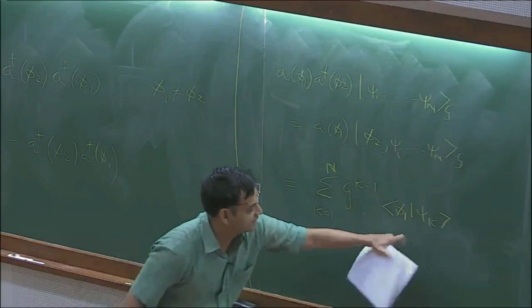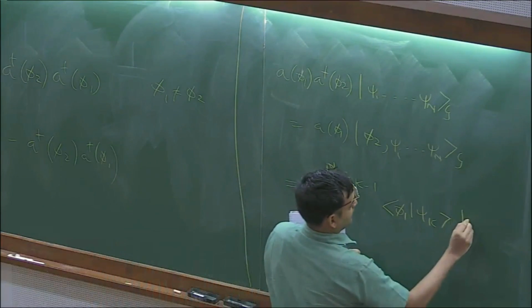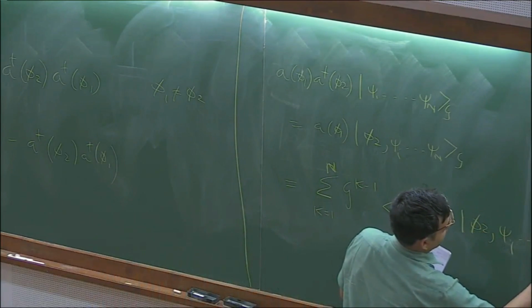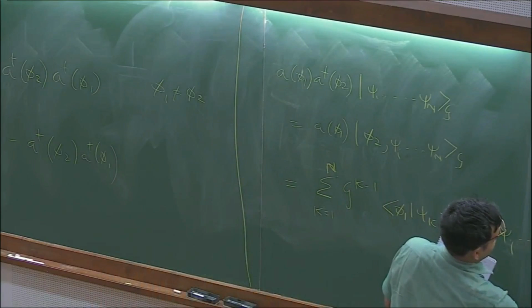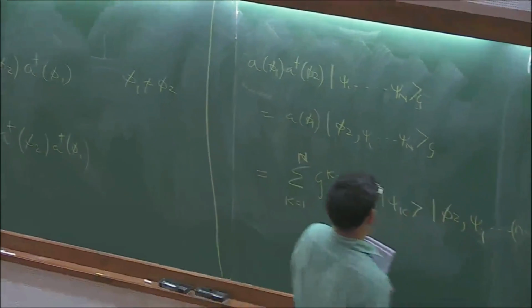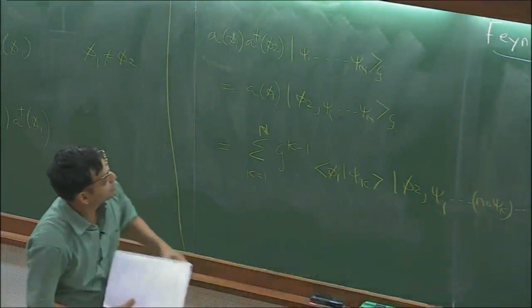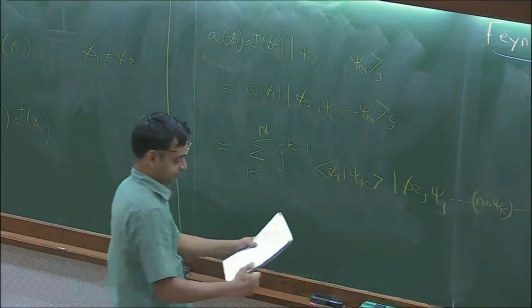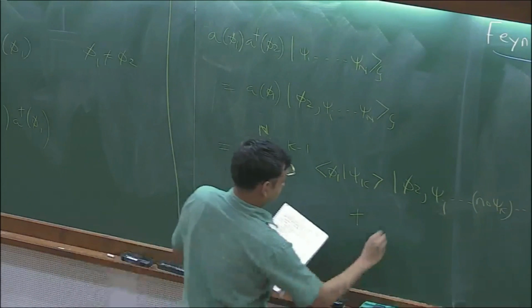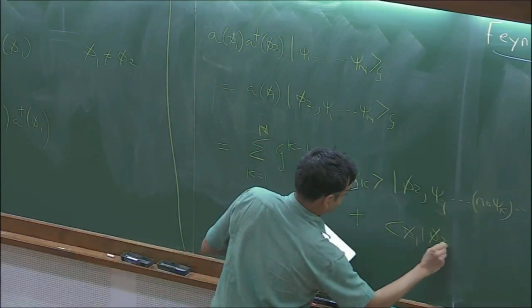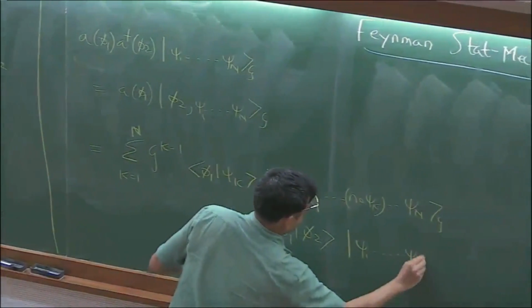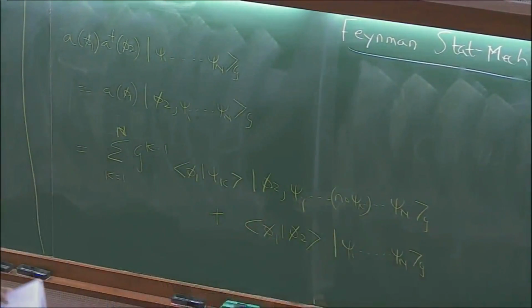Let's say it was the kth label, and then you've got behind a state which is phi 2, psi 1, no psi k, psi n, right? But it could also be that phi 1 is phi 2, so then there's an extra term which is phi 1, phi 2. There's these two terms. Okay?